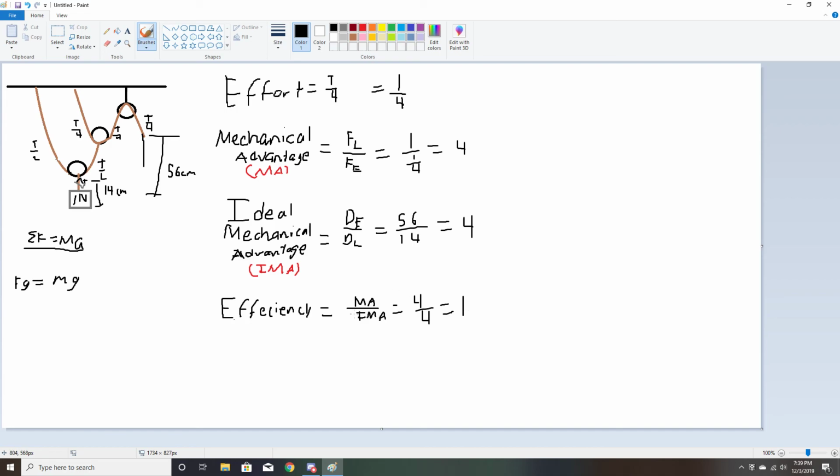There are many factors you have to take into account, and one of the few that I know is the friction from when I pull down, because there's friction in the pulley. We also have the mass of the pulley to take into account. Those two factors alone will not give us an efficiency of 100%. There's just no way it's possible in real life.